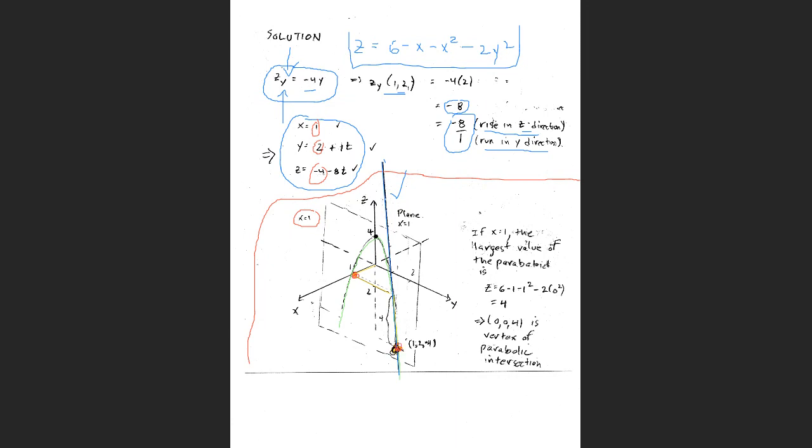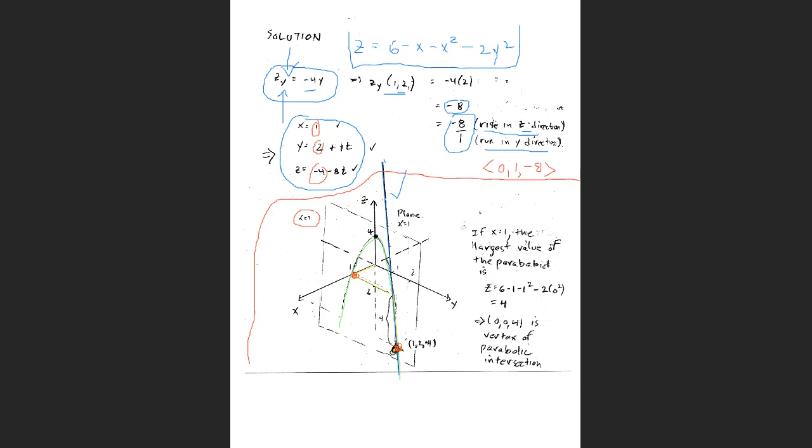But then the direction, think of the vector 0, 1, -8. Let me be a little bit careful.